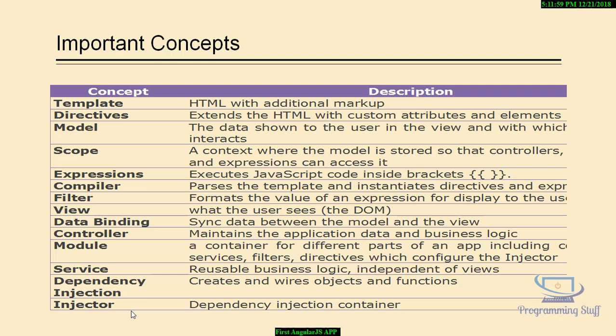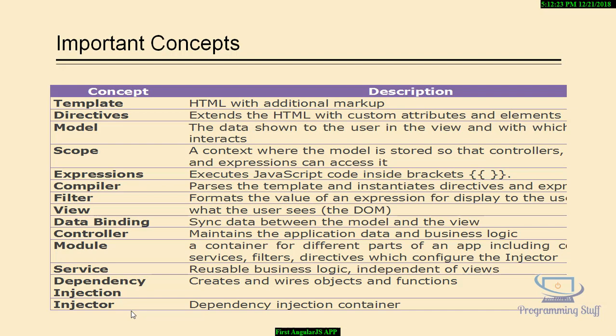Scope: a context where the model is stored, so that controllers, directives and expressions can access it. In a coming session we will see a detailed description of the scope. Expressions: execute JavaScript inside the brackets. Compiler: parses the template and instantiates directives and expressions.